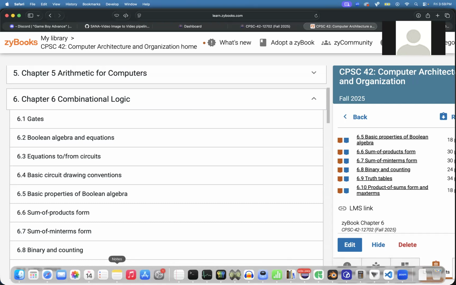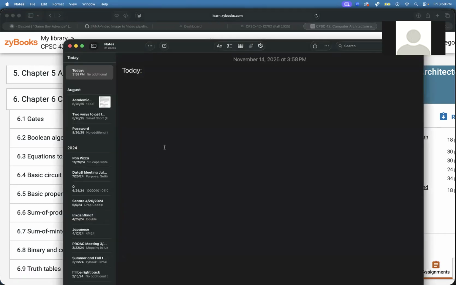So, I think I have notes up. Yeah. So, to start with, section 6.1, gates. A couple things I would like to point out. The first thing to point out is the way that this works, here's kind of the key to the whole thing.